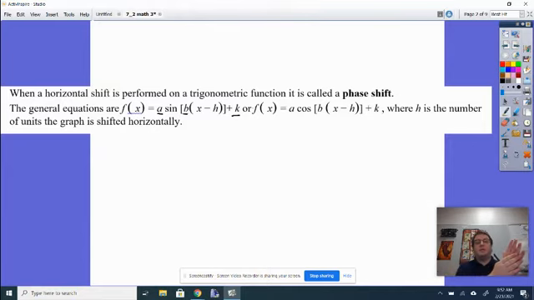Kind of like our period, and we're just taking it and we're shifting it over a little bit. Okay, now for this equation, though, we have to be very careful because we do want B to not be with X. So we're going to look at an example a little bit later where B is inside with X, and we don't want that. We want to make sure we pull that out. But it should look like this.